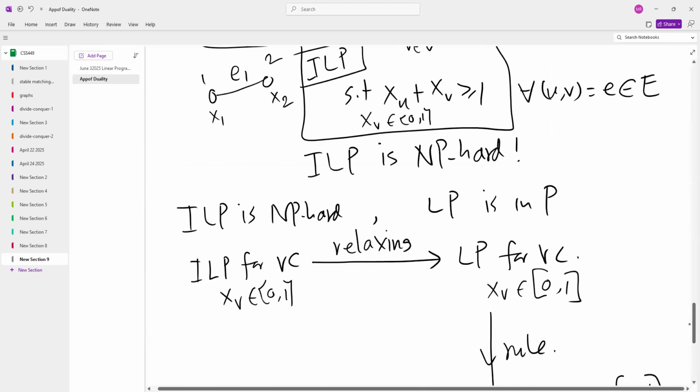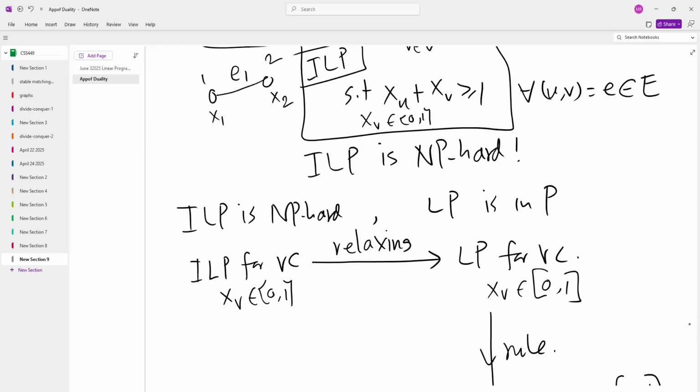Because the LP, even though we relax it, x_u plus x_v still has to be equal to 1. That means at least one of them has to be at least 0.5, right? And that means it will be rounded up to 1. So for every edge, I'm going to have at least one vertex in the set of values that I am choosing to be 1 in my approximate solution.